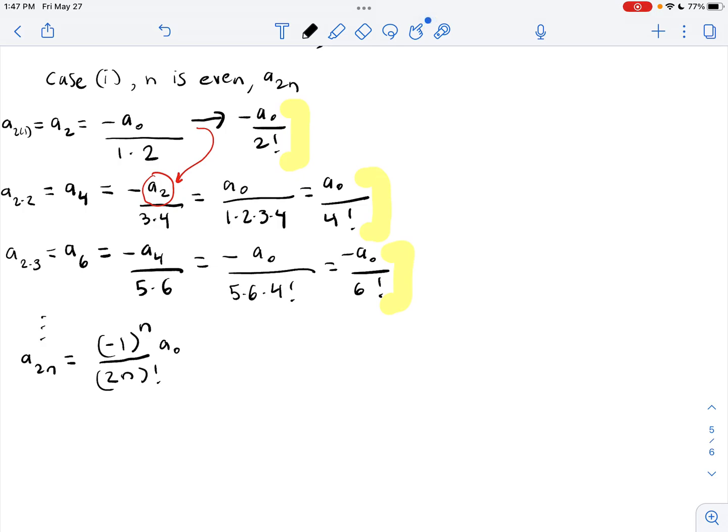And again, why is that? It's because, remember, I have that number underlined right here. When n is 1, we have a negative. When n is 2, we have a positive. When n is 3, we have a negative. So that means it's going to be negative 1 to the n.